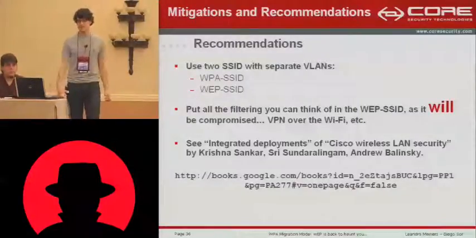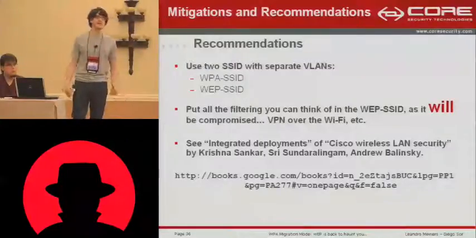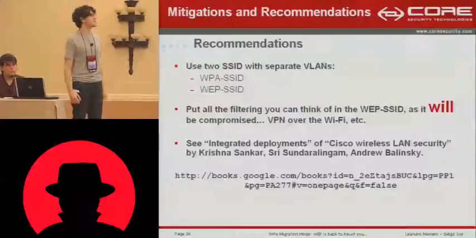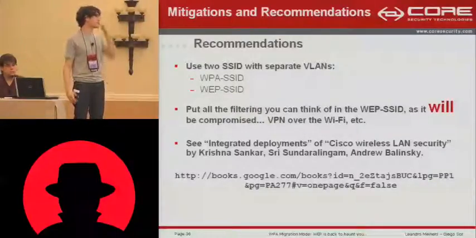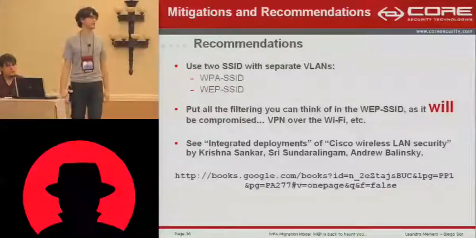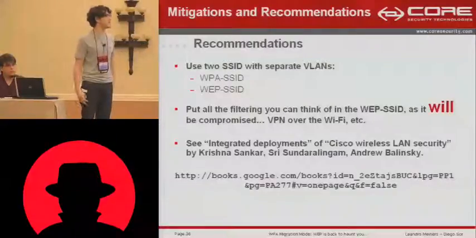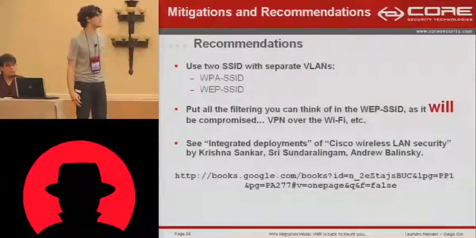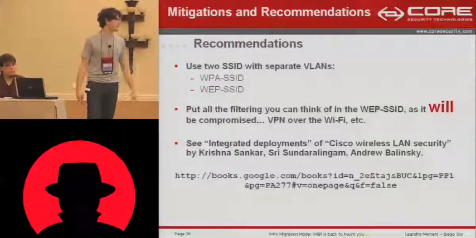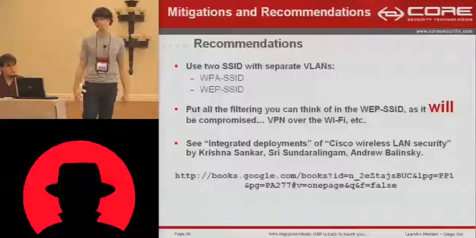If you can, use VPN over the WEP part of your network, which is an interesting solution, but it depends on the devices or endpoints or computers you are using in the WEP part of your network. And finally, some general recommendations about how to secure a wireless network can be found in the Integrated Deployments of Cisco Wireless LAN Security. And then you have a Google Books URL to look at this book.